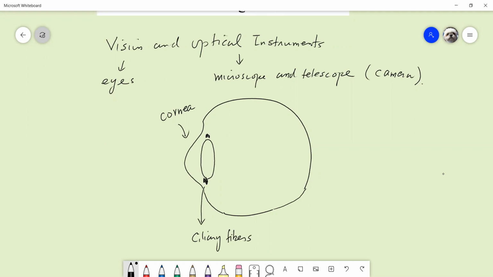And then what else do I have? Inside the cornea here is what they call the aqueous humor. It is a liquid or jelly type of transparent material.